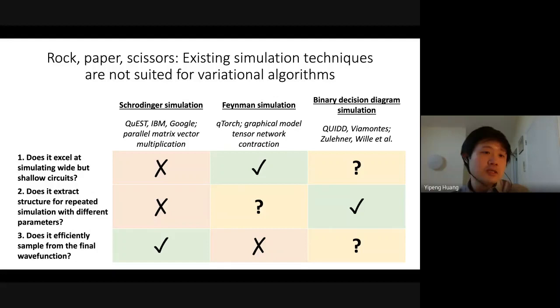What I'm trying to talk about in this second bullet point about extracting structure is: if you know that your quantum circuit has a certain structure, can you leverage the fact that this structure is fixed and do simulations again, but in the different runs of the simulation, put in different rotation angles? Good question.